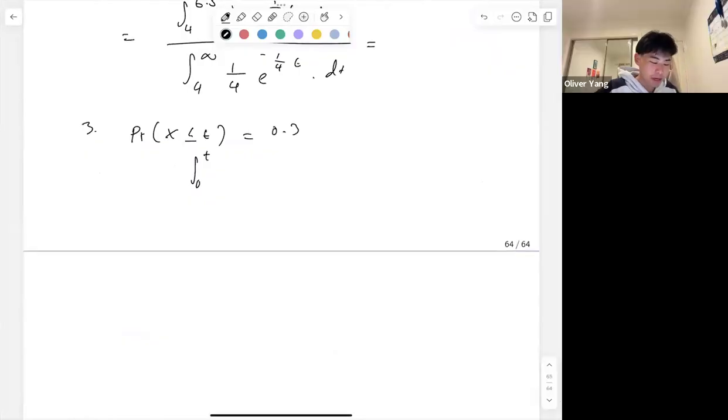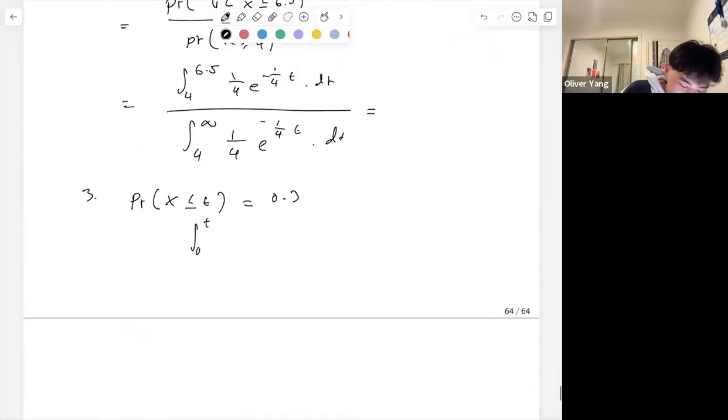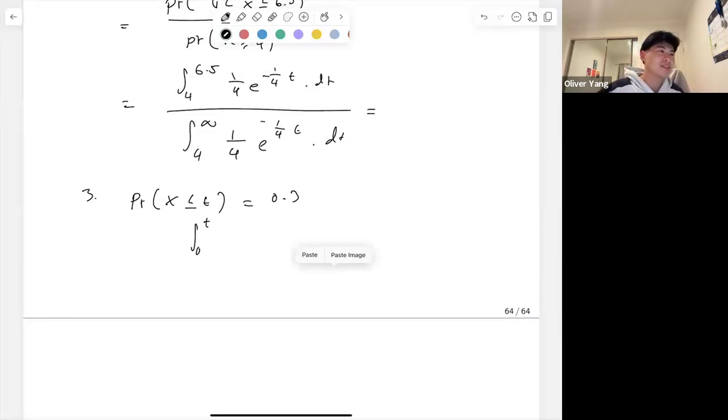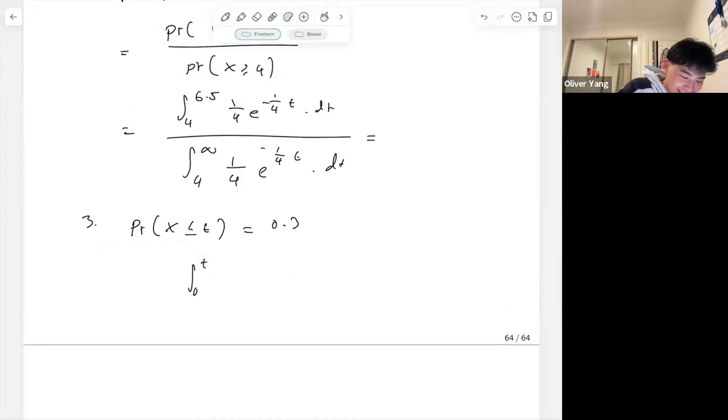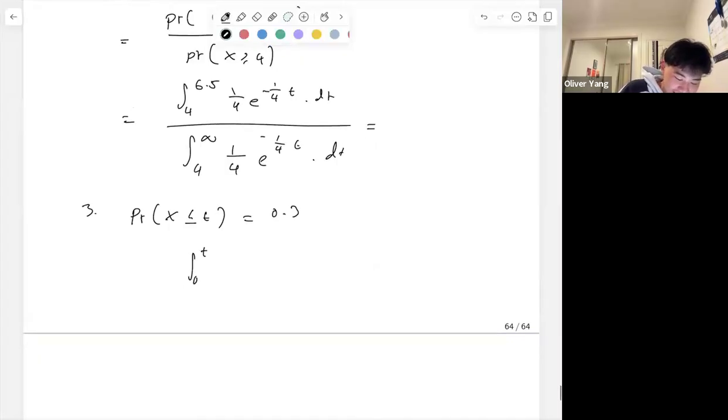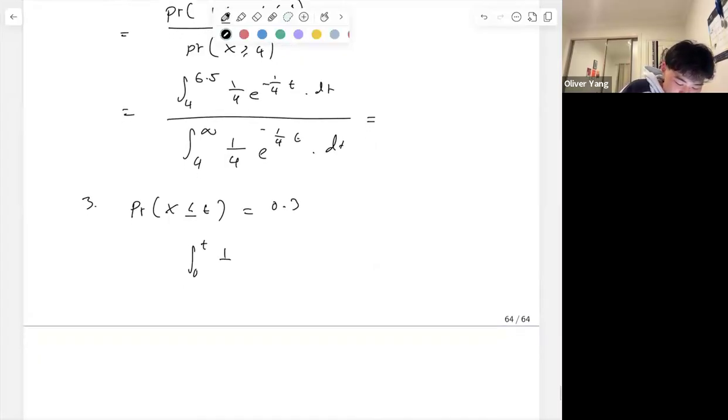Okay, so we're going to make a CDF, and how do we do that? We just integrate, right? We should be adding a dummy variable, but I'm not going to do that. It's just going to keep it as t. It's okay. So the integral of 1 over 4 e to the negative lambda t dt equals 0.3. Right?